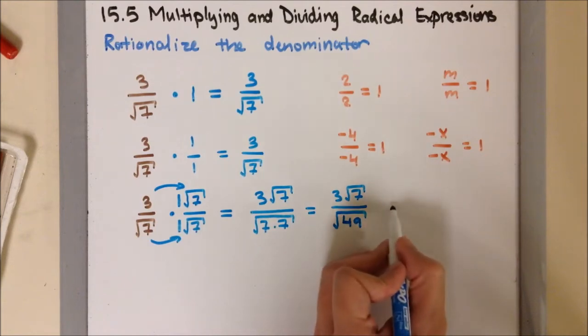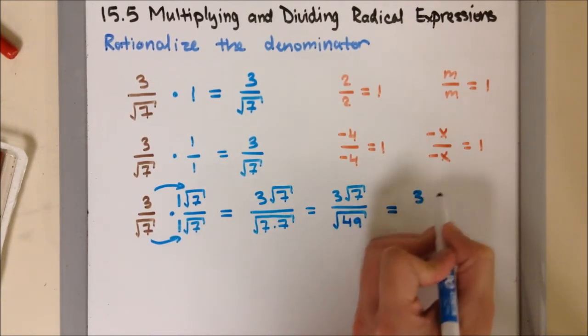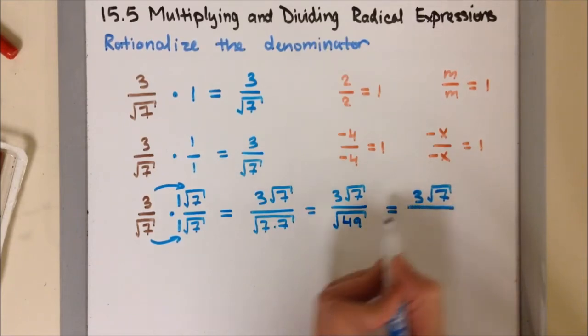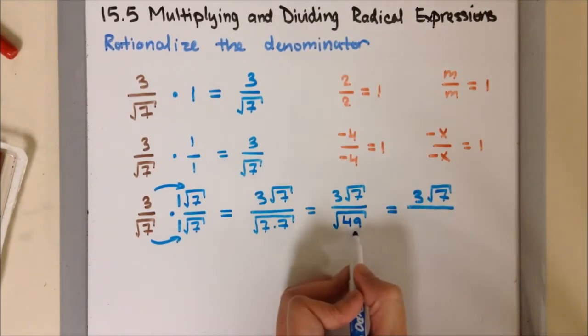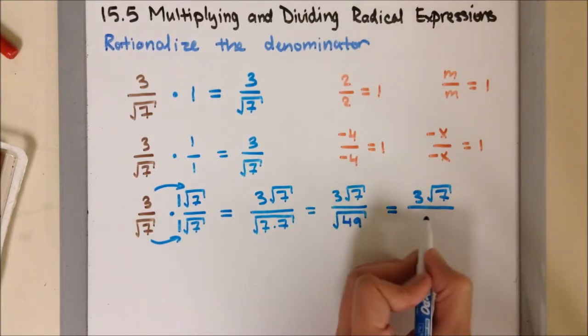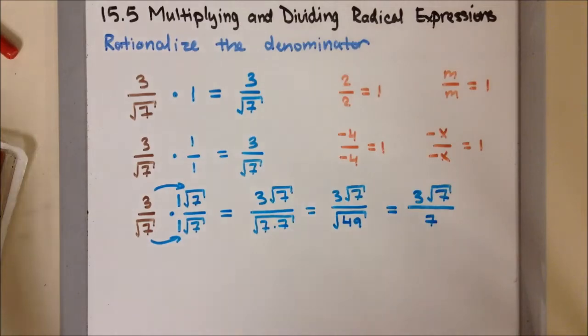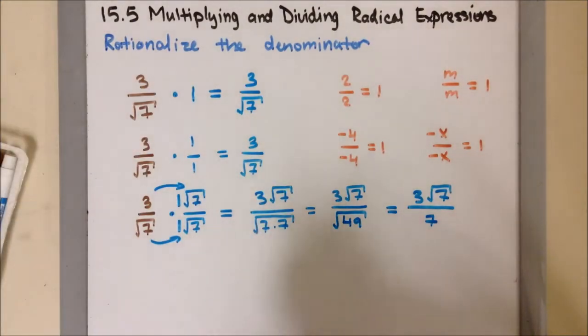My numerator still stays the same, but in the denominator, 49 is a perfect square number, so you can take the square root of it. The square root of 49 is just 7. And there's nothing you can do to simplify the fraction, which is okay. So what we want to do is just box it, because that's our final answer.